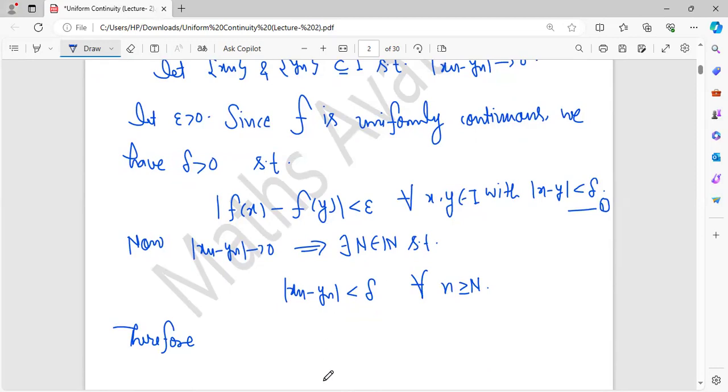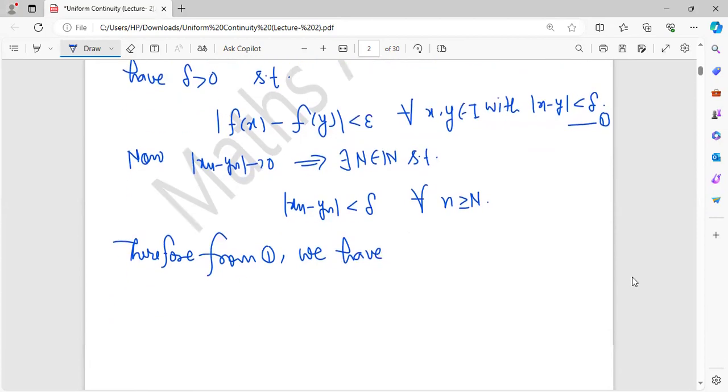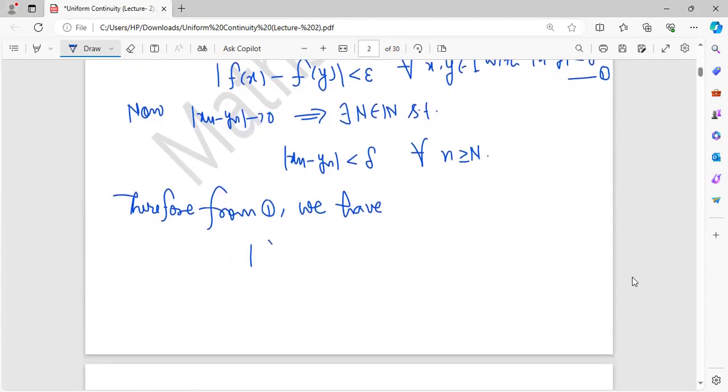Therefore, from 1 we have f(xn) minus f(yn) less than epsilon for all n greater than or equal to capital N. What does it mean?